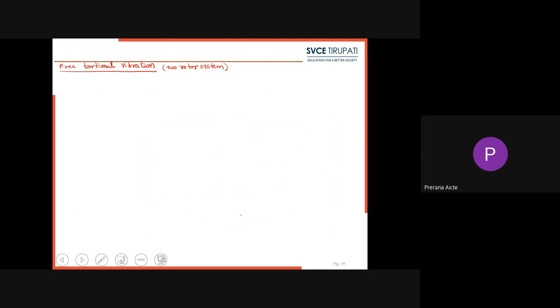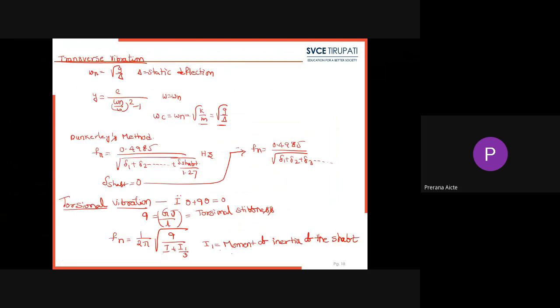In the last slide, we can mention another 2 formulas. For torsional vibration, omega n is equal to root of q by I, and fn is equal to 1 by 2 pi times root of q by I. It is similar to translational vibration. There we used the stiffness k, now we are using the torsional stiffness. I is what was mass there, and now it is the moment of inertia.